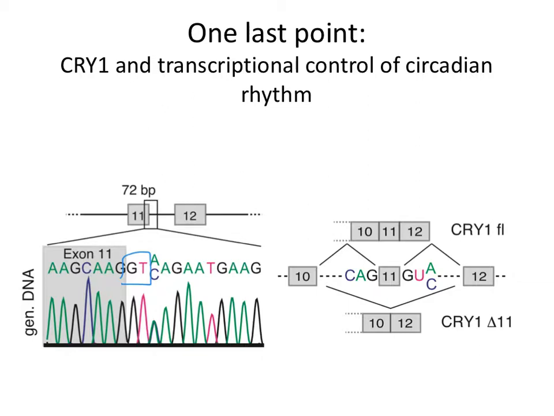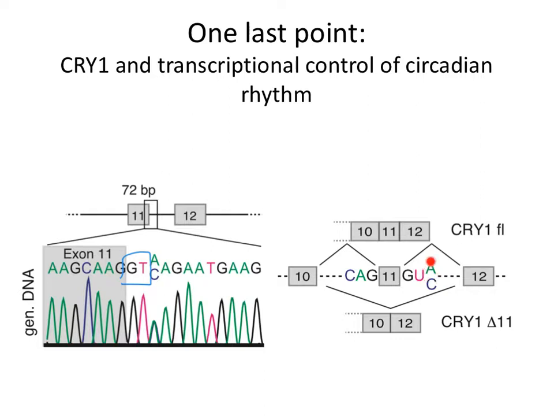The original presentation showed you this figure, but we didn't go through it in detail. When you have that mutation there, it causes an alternative splicing event: either exon 11 stays in the protein, or when this mutation is present, that exon gets removed. You don't have exon 11 in the Cry1 gene, this gene that's important in establishing our circadian rhythms.